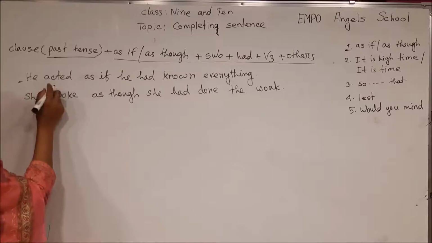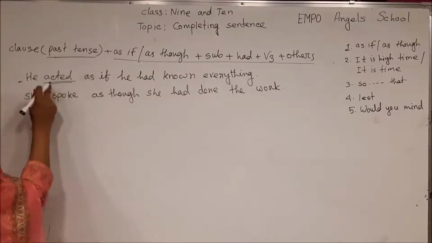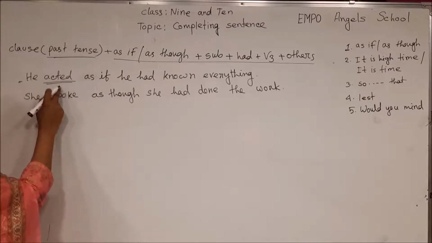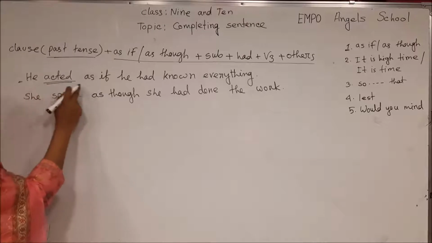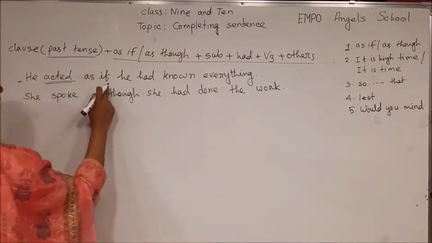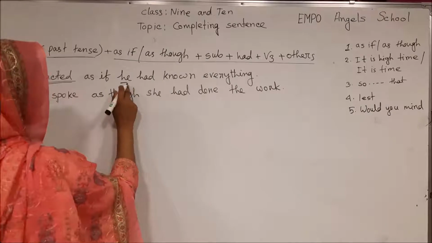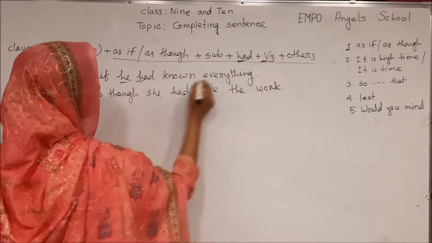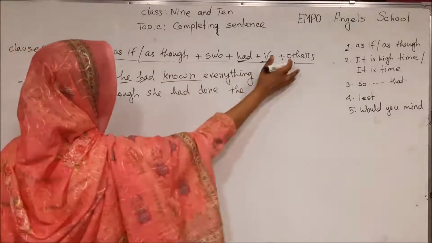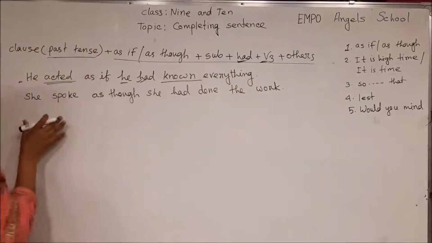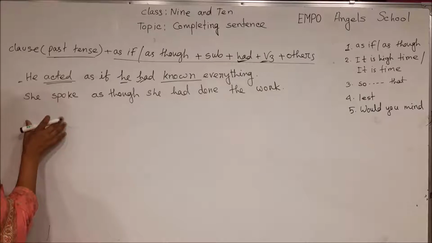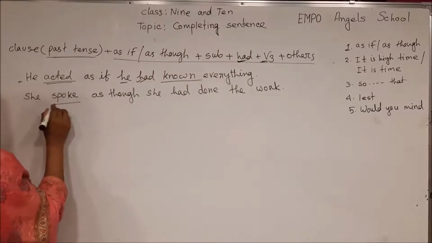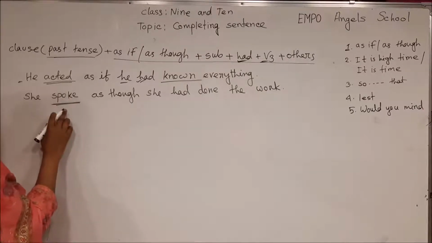Have a look on the sentence. He acted. Here students, you can see acted is in past form. He acted as if. So I have to take the subject he and then had, verb 3, known, others, everything. In the second sentence, you can also see she spoke. It is also in past form.